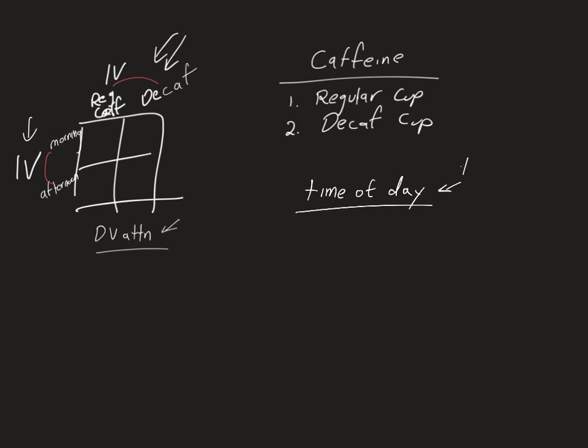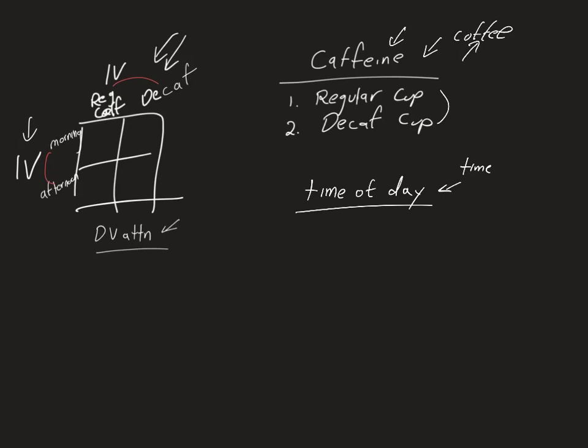I could call this time. I could call this just coffee. You don't need to know the exact name of the independent variable to know how many levels. Here I was able to know there was 2 for this variable, even if I called it coffee. I could count that there's 2 different situations related to caffeine or coffee, depending on what you call it.